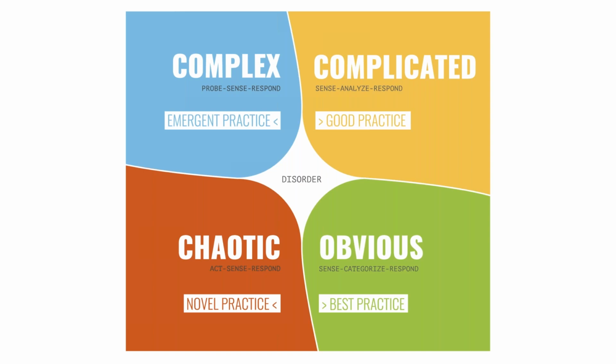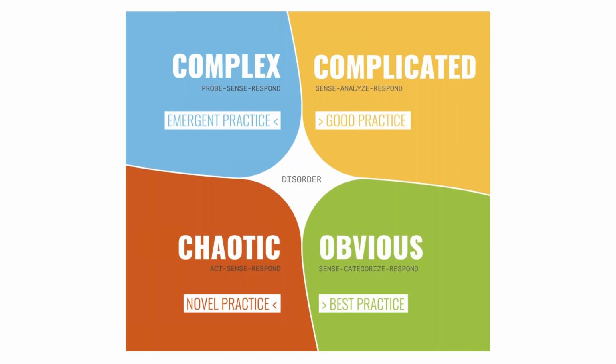Moving to the top left, in a complex ecosystem, the interdependence between cause and effects is too much. A has an effect on B, which has an effect on C, which has an effect on D, and so on.